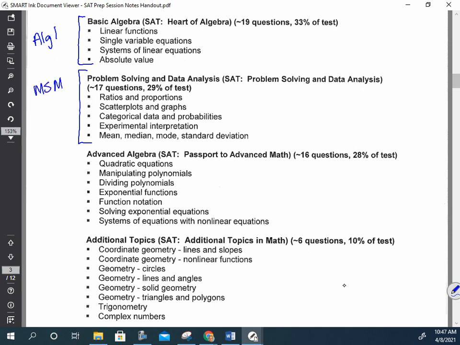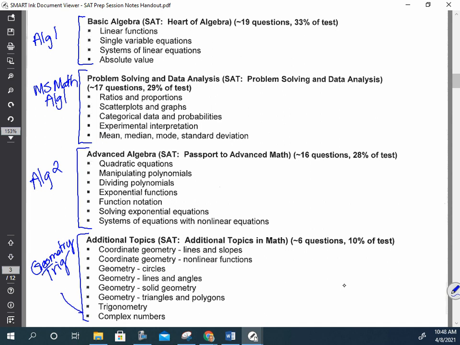So middle school math and Algebra 1. Advanced algebra is essentially what you're in now. And the additional topics are geometry and trig.